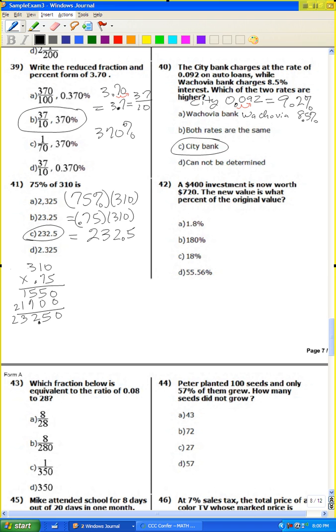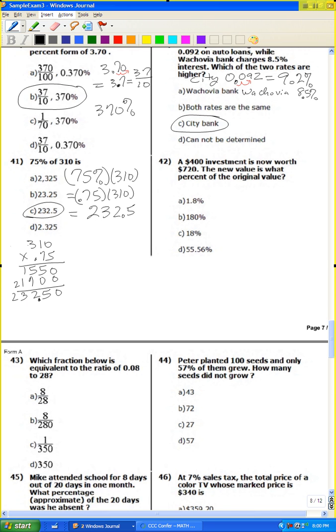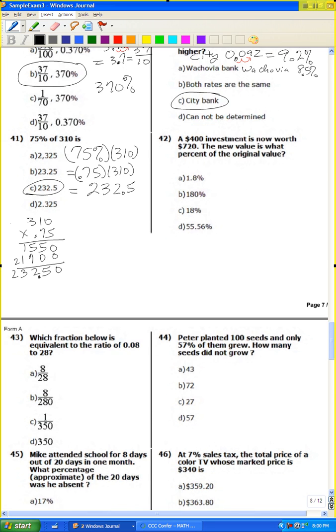Let me do problem 42. A $400 investment is now worth $720. The new value is what percent of the original? And so 720 divided by 400. So let's do that. One.